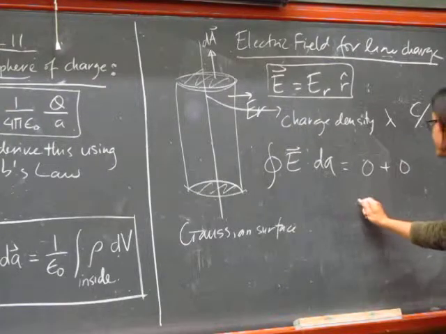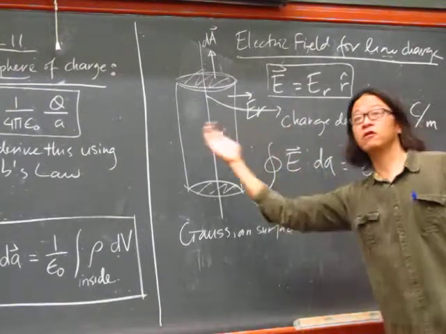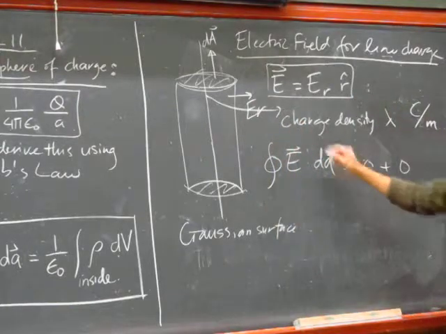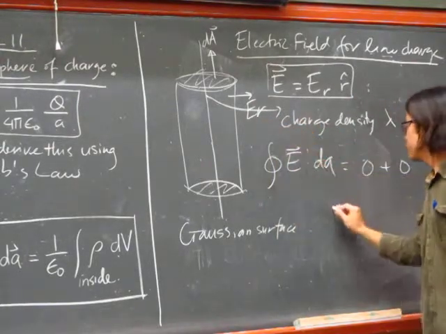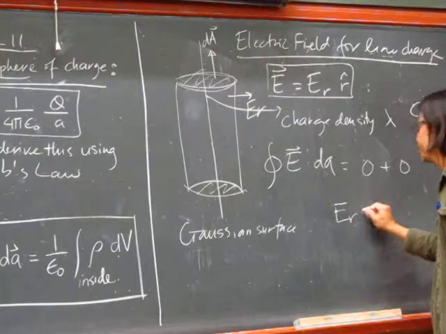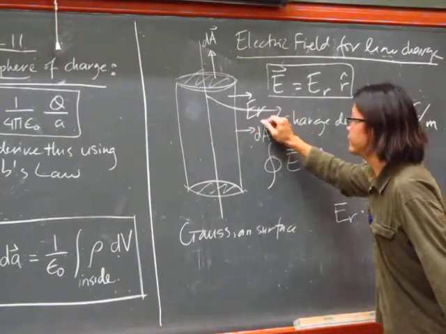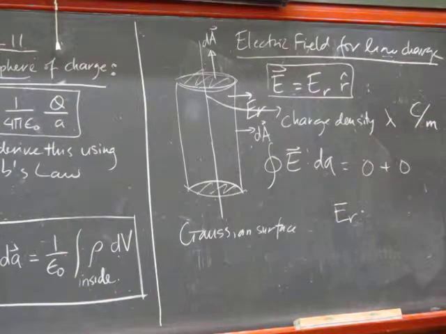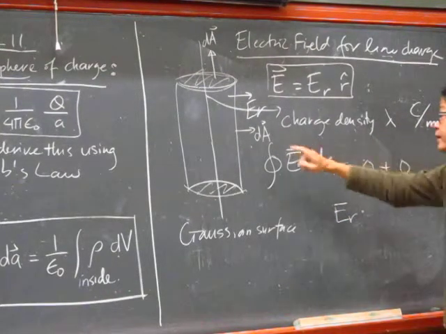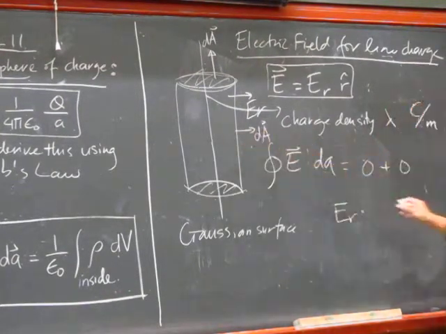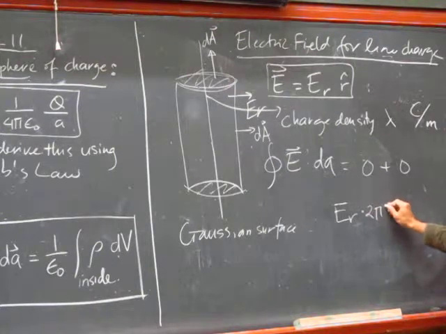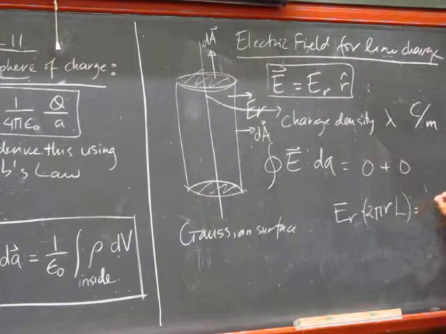So you're left with the other part, the part on the side of the cylinder. The electric field is constant, so you can pull it out of the integral. The surface element dA is normal to the side, and that just gives you the area of the cylinder, which is 2 pi r L. This whole thing has to be equal to L times lambda over epsilon naught, from Gauss's law.